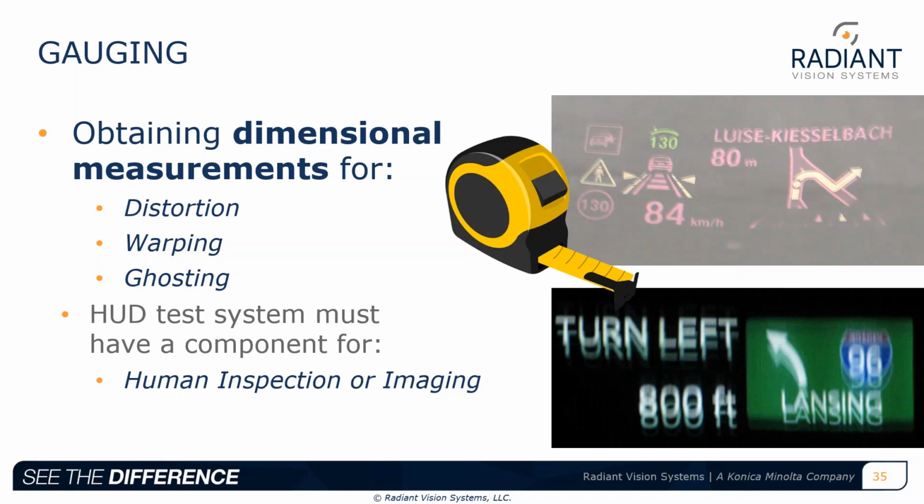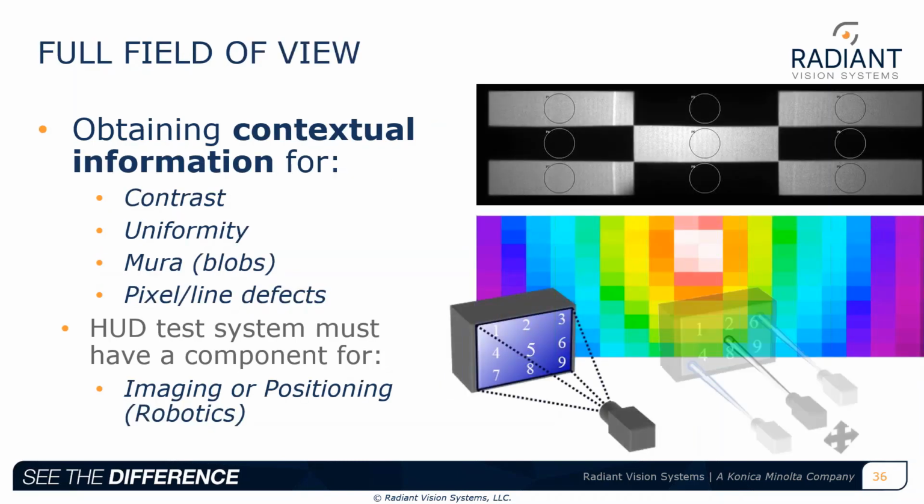In the industry today, we generally see human inspection offer this capability, or something like a machine vision camera. And when it comes to full field of view, where we want to characterize things like contrast, uniformity, mura as an example, or potential line defects, you would either use an imaging-based platform or use a spot-based solution on a robotic arm, moving it to several different points. But this encompasses a lot of additional time.